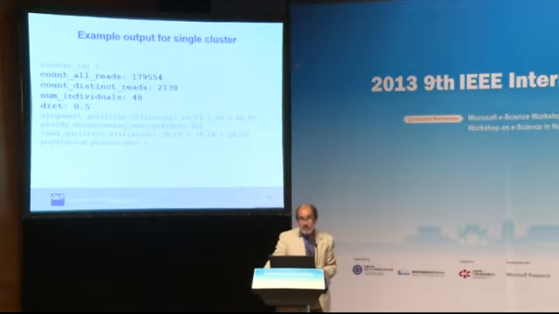So for a single cluster, just to give you some idea of how this might turn out, you have a particular cluster which has 179,000 reads, which filter down to some 2,138 distinct reads, which correspond to 48 individuals, which was actually the number that we thought were there in the first place. And so on this occasion, the ploidy detection is acceptable, and that cluster is one that we can work with.